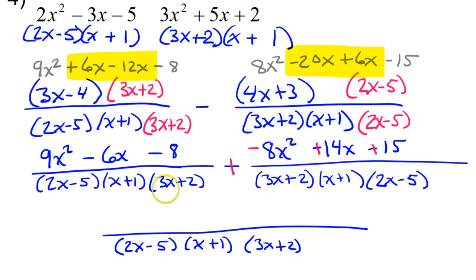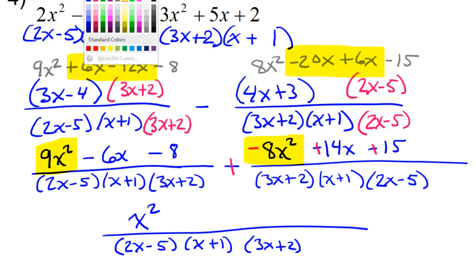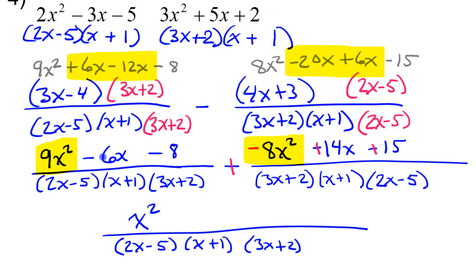Alright, now that the denominators are the same, here's my like denominator, and combining like terms. So 9x squared goes with negative 8x squared, and that's just going to make x squared. Let's see, negative 6x and positive 14x, that's going to make 8x.